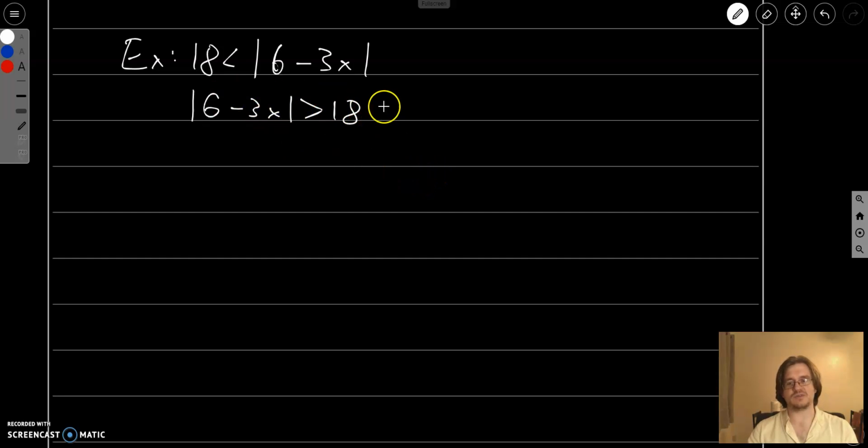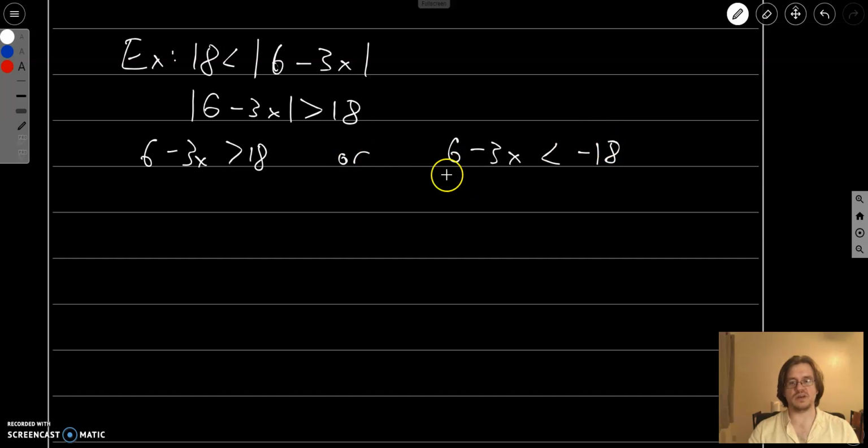Well, if it's greater than 18, either it's really positive or it's really negative. So one of these two situations is true. This is either a really big positive number or it's a really small negative number. So let's solve these.